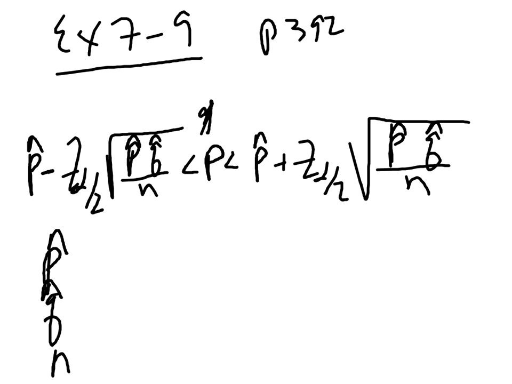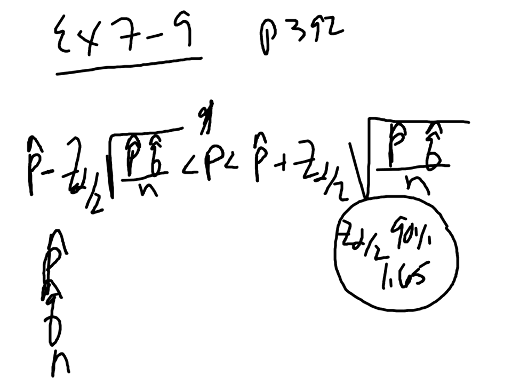And of course, I already know from the previous section, from 7.1, that the z sub alpha over 2 for the 90% confidence interval is 1.65. Okay, so let's find p hat, and it was 323 out of 1,404.